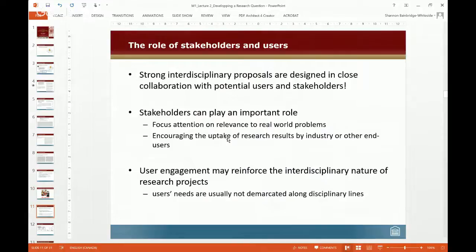If you're thinking big picture, if you're thinking about your grant proposal, for example, one way to really ensure that interdisciplinarity can be weaved into a project is to make sure that the stakeholders or the end users of the research that you're doing play a role in the development of the study.